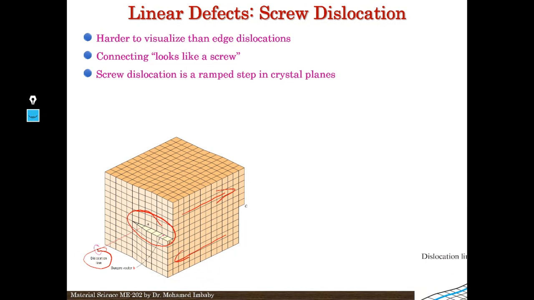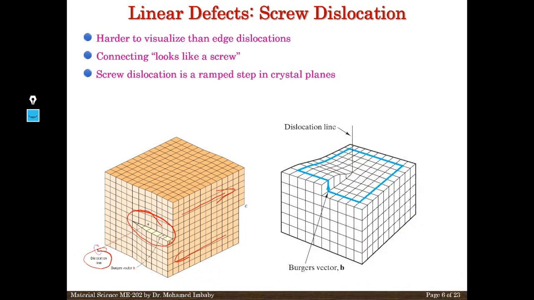A screw dislocation, as you've seen it here, is a ramp step in crystal planes, something like a ramp that appears in the material. Okay, it's called a ramp step. If you look at here, this is a Burgers vector. This is the value of the Burgers vector B, and this is the line of dislocation.